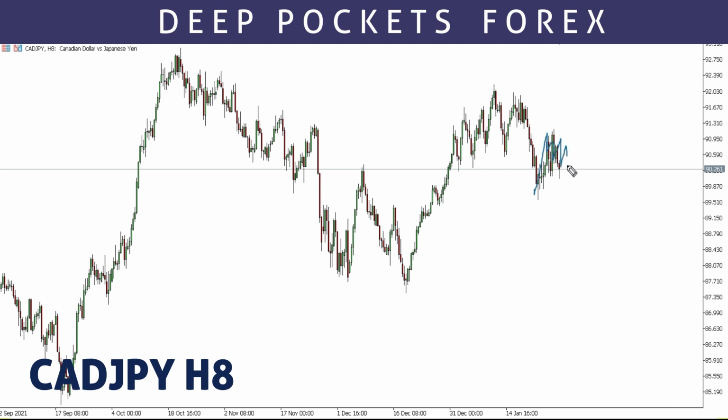If this is a corrective structure, then we might get one more up, breaking previous high, then get this movement drop like this, breaking previous low, up to around this area, and this would just be one big corrective structure, breaking this previous low, and this will be the impulse. And then price can either move up, breaking high and breaking high, just like that. That's on CADJPY.